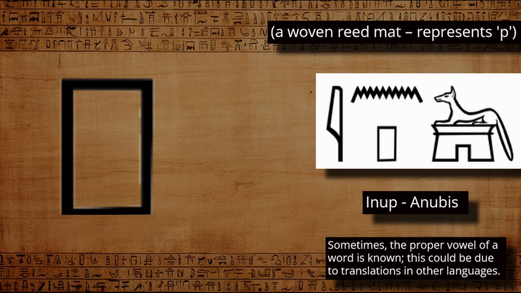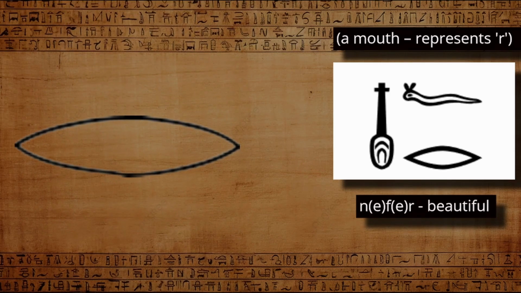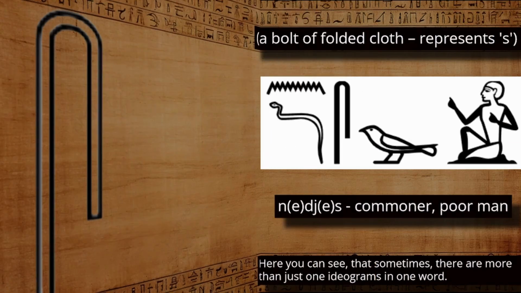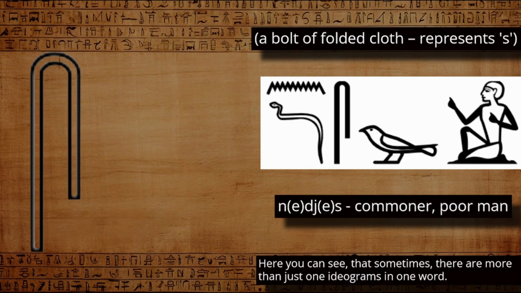Now we come to a mouth, representing the sound r. Take a look at this beautiful word, nefer, which means beautiful. Notice how this time the ideogram appears at the start. Now we have a bit weird looking symbol. It is supposed to be a bolt of folded cloth, and it is representing the S sound.